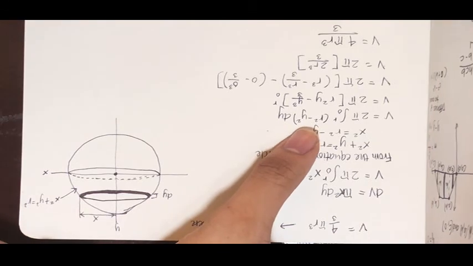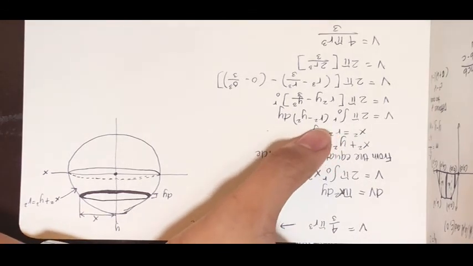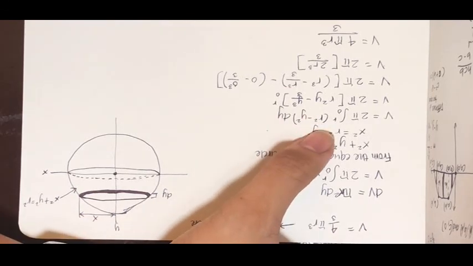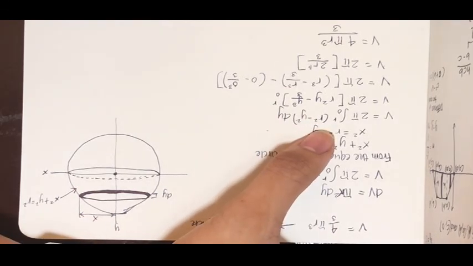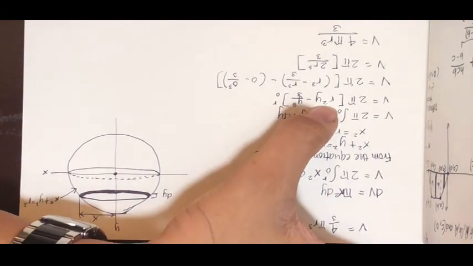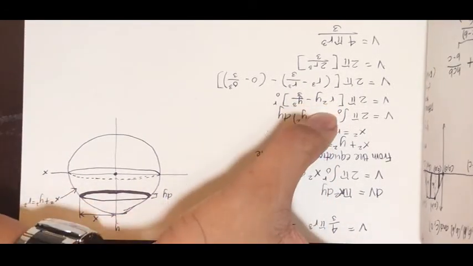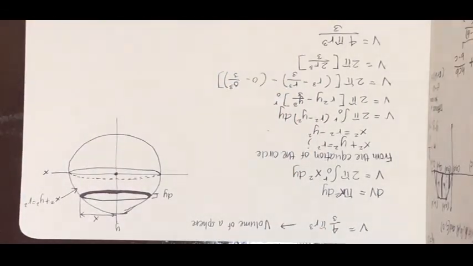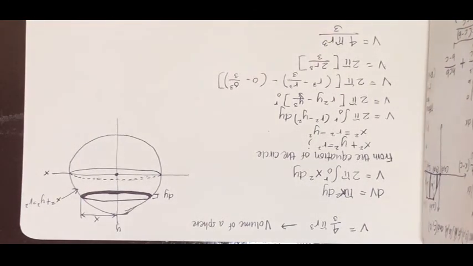Now we can actually directly integrate this, considering that r is a constant here. So if we're integrating in terms of y, that would be r squared times y, and y cubed over 3, integrated from the limits 0 to r.